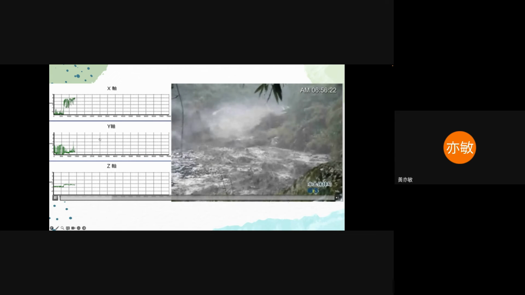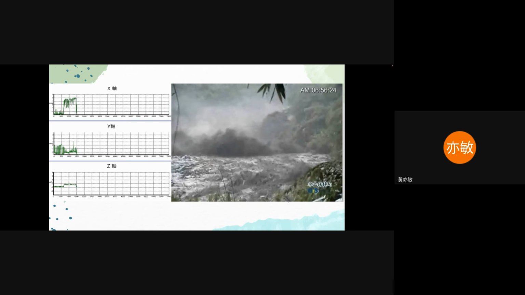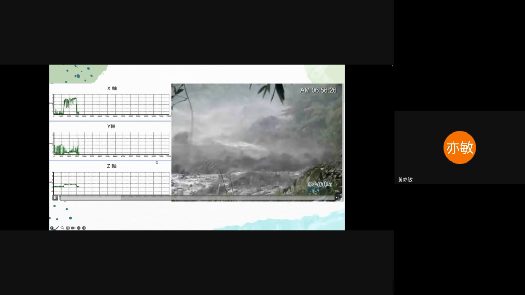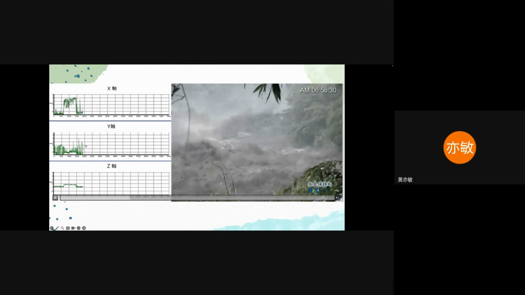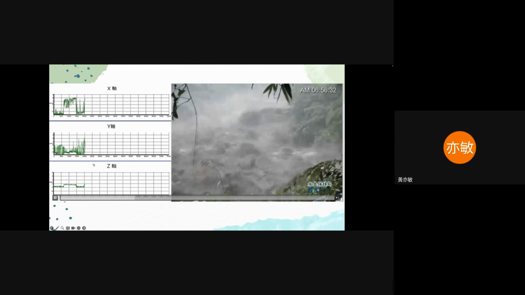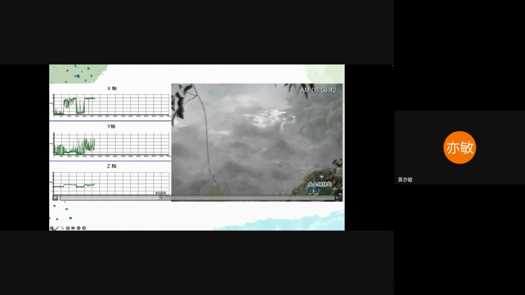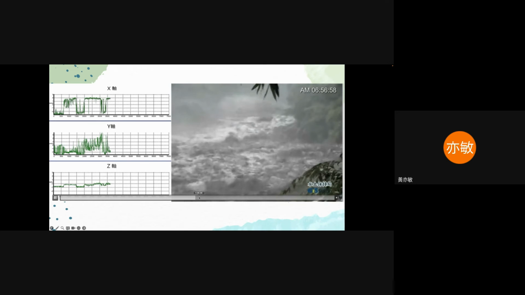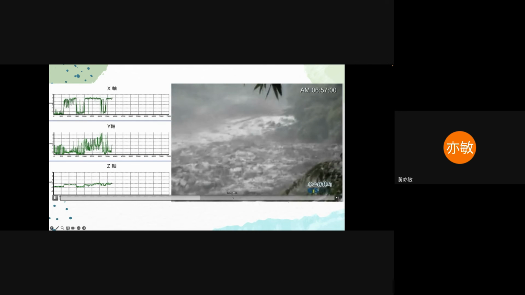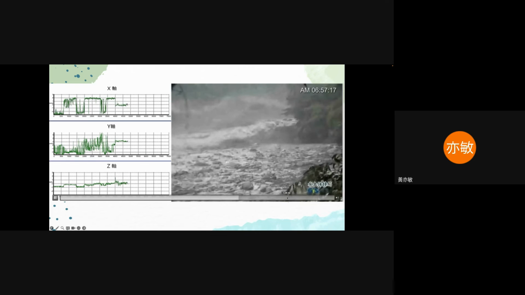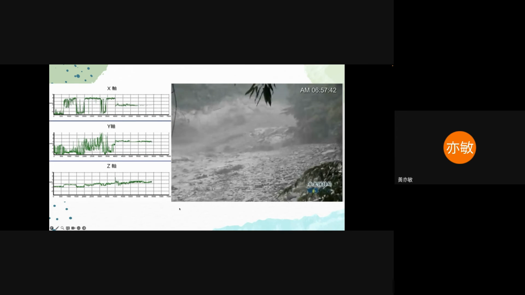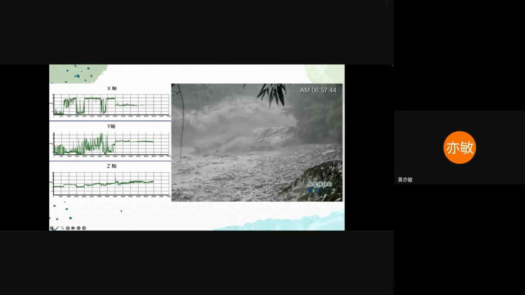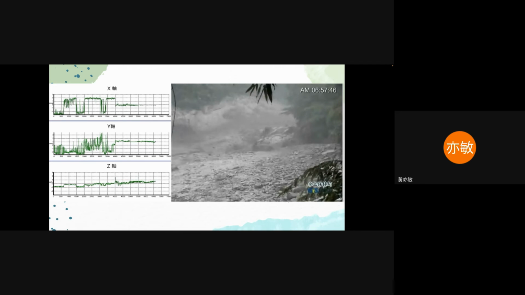As you can see from the CCD camera, there is a debris flow coming close to the sensor, and the signal will change. We have peak values, and whenever the debris flow passes away, the signal will go back to normal. This is the case where we captured the debris flow in real time.